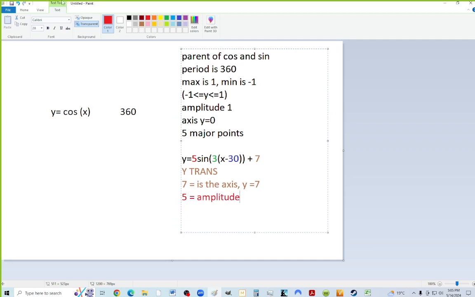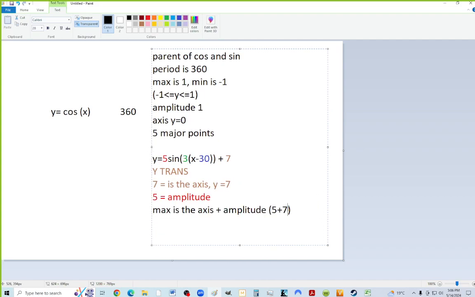Based on this information, the max is the axis plus the amplitude. In this case, 5 plus 7, which is equal to 12. So the max is 12.